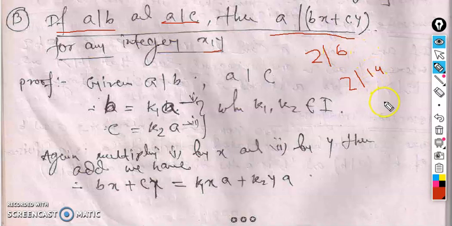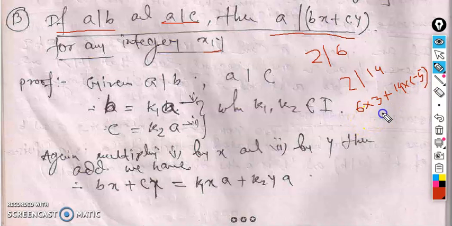If we use this theorem, we want to find 6 times 3, whatever the integer may be, x and y are any integers, plus 14 times, say, minus 5.